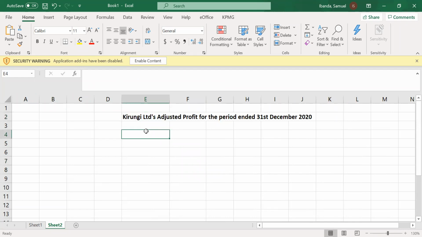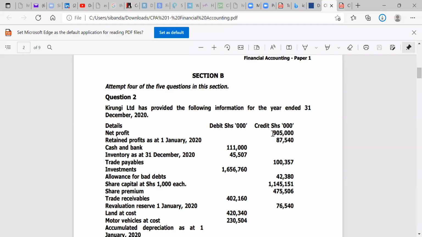What you do with adjusted profit is that you start with the profit as per trial balance. You're trying to bring the profit that is existing right now because they want adjusted profit. So we have a profit that is existing in our trial balance, which is 905.